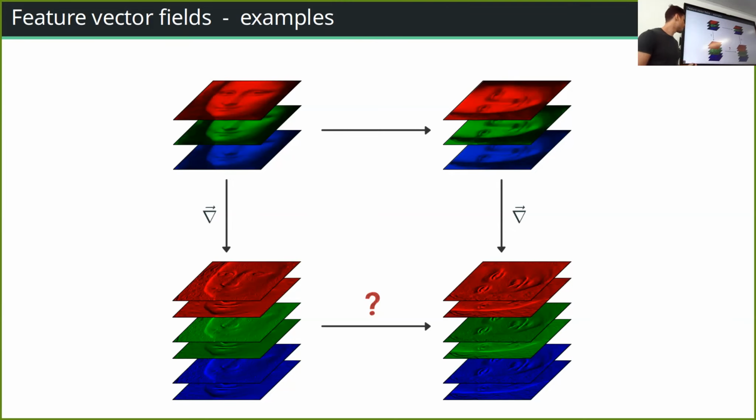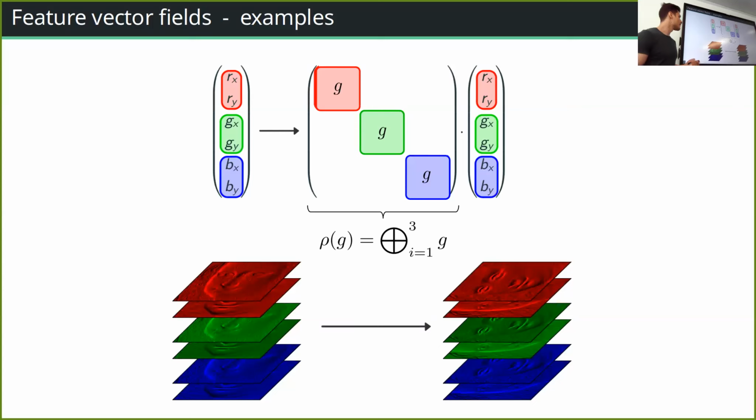And then we would have 6 channels on each side. And now we could ask, okay, how do these 2 things transform into each other? And we would basically have here 3 vector fields. So if we rotate the whole thing, then these channels here mix like vectors, which is a multiplication with this representation G. Then these 2 channels are vector fields. So we have this block of G, and also the last 2 are being transformed by G. And if you would have in addition now a scalar field on top, you would have a 1 here.